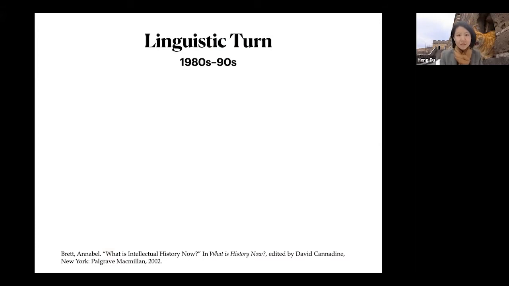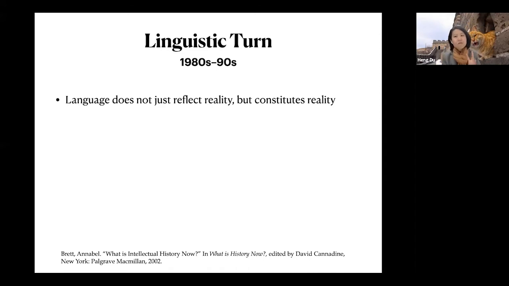The linguistic turn is a different way of thinking about how language or text relate to reality. It will become a little clearer later as well, right? Instead of thinking about a text as a passive reflection of reality, historians from this period start to think about it as an integral part of reality in one way or another.